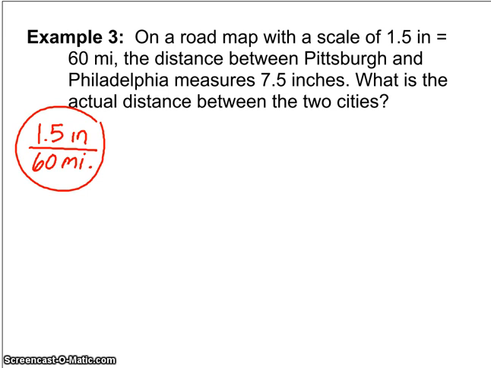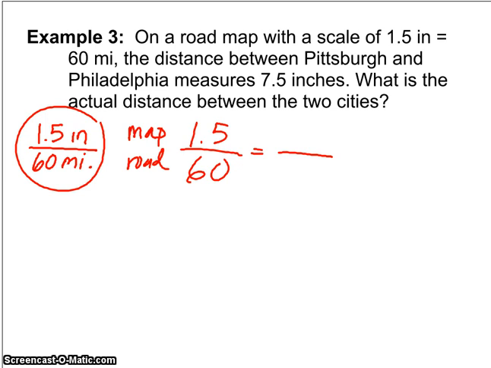So we can again use this scale to set up a proportion. Now, 1.5 inches represents the length on the map. This is map, and this is the actual road. Thinking about model and actual, which of these is real, a map or the actual road?